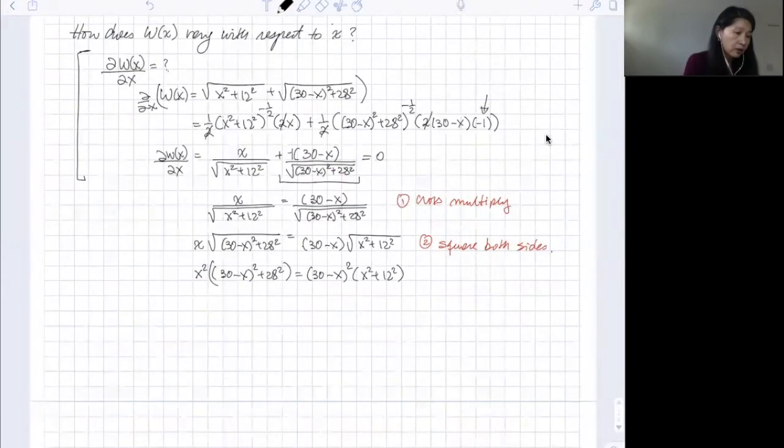All right, now our next step is we are going to distribute our factors and write the entire expression out so that we can collect like terms. So we're going to distribute and collect like terms.